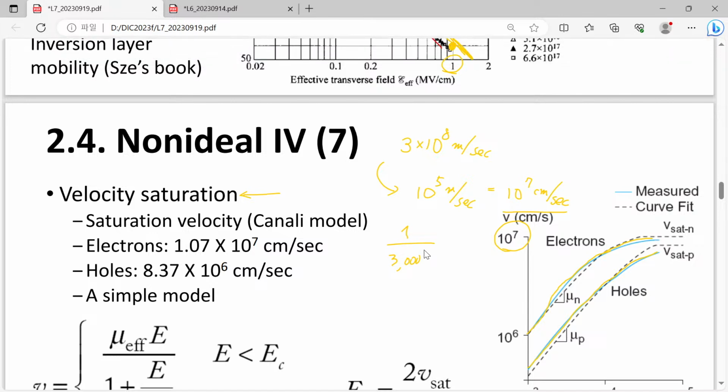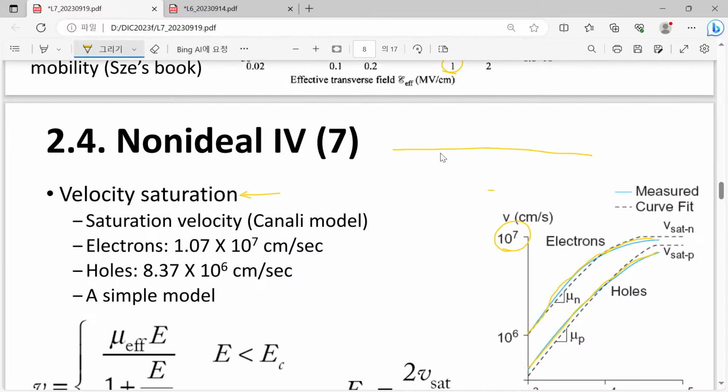This is a sufficiently low speed to eliminate any kind of relativistic behavior. Anyway, this is the speed of your electrons at most. So simply speaking, when we increase the drain voltage, think about what will happen.